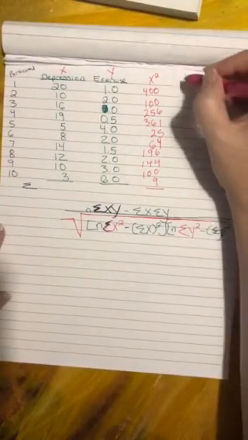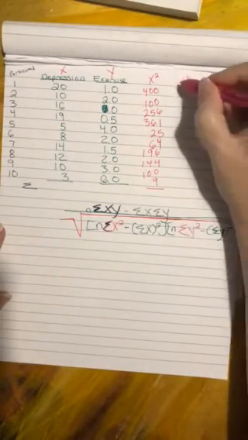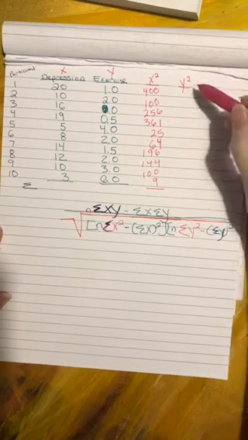All right, so the next step is to do the same thing for the y value. So we're going to square each y value in this column.